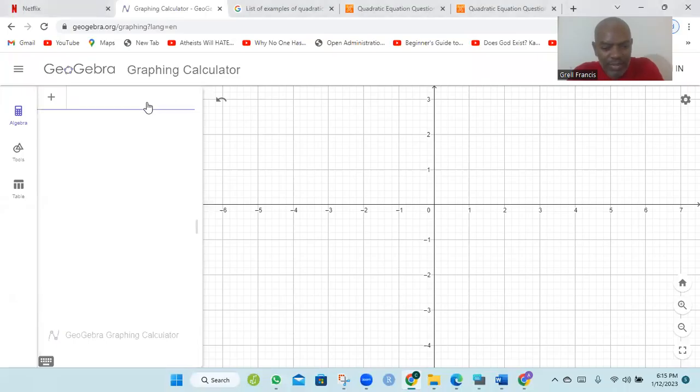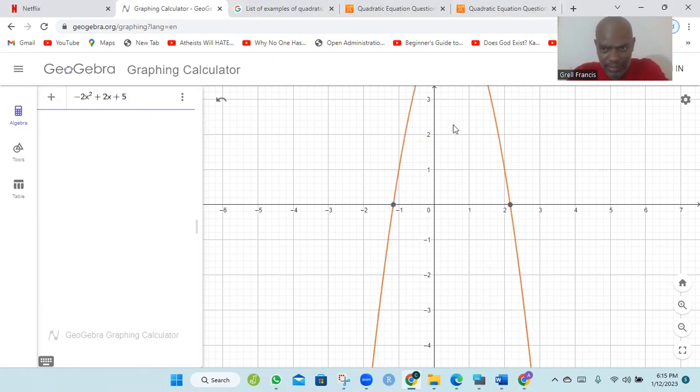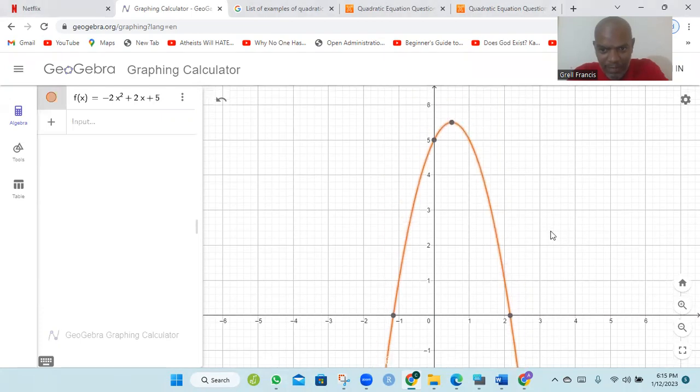So let's say we type here negative 2x squared plus 2x plus 5. So as you can see, the value of a is negative, and we are getting an N shape for our parabola. So this is proof whenever your a value is negative, you're going to get an N shape for your parabolic curve.